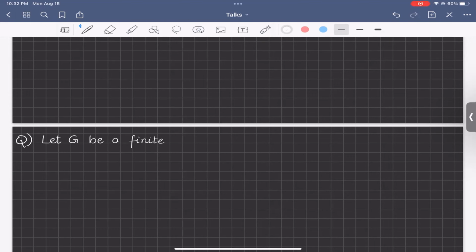Let G be a finite simple graph. Initially all vertices are bad.